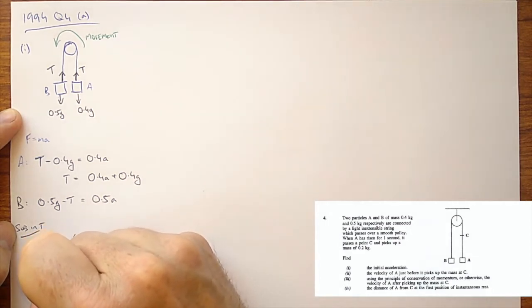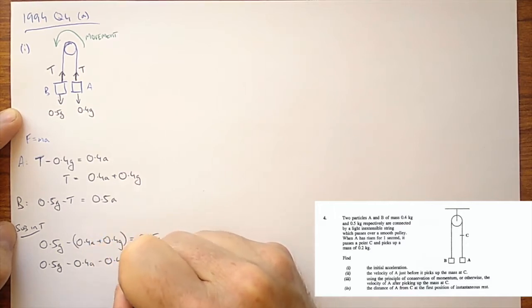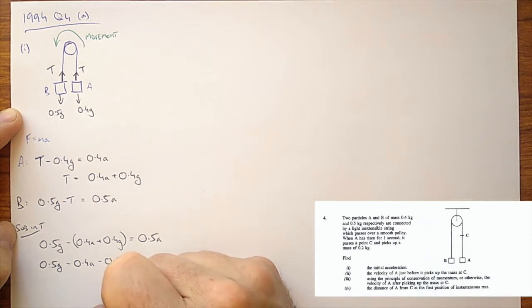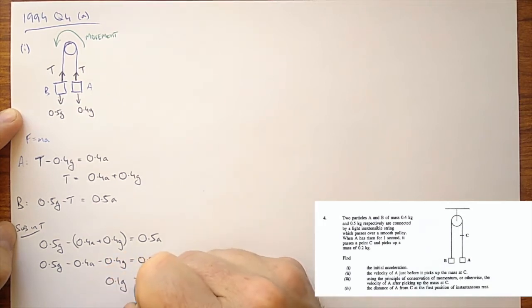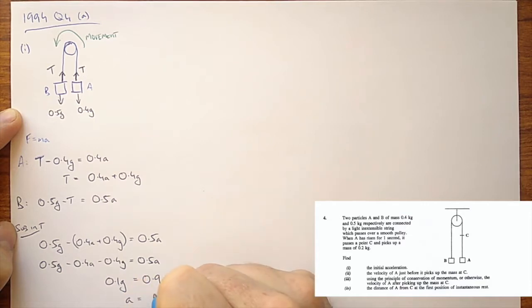So 0.5 G minus 0.4 A minus 0.4 G is 0.5 A. Keep our G's on one side, our A's on the other side. So we are going to have 0.1 G on this side, and the minus 0.4 over is going to be minus 0.9 A. So A is 0.1 G over 0.9. Sorry, 0.9. Whoops, watch that stuff. And that basically ends up being G over 9. Okay, that's our initial acceleration.